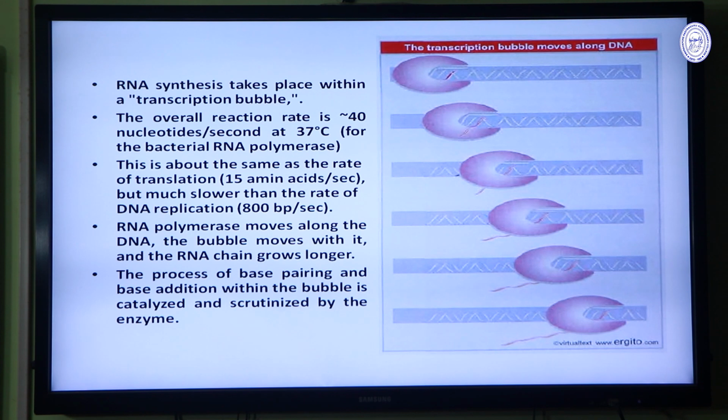Now, if we consider the rate of transcription, then the overall rate of transcription is basically 40 nucleotides per second at 37 degrees centigrade. So, you can see in this diagram that RNA polymerase binds to the promoter region and initiates the formation of the transcript, that is, the formation of the phosphodiester bond.